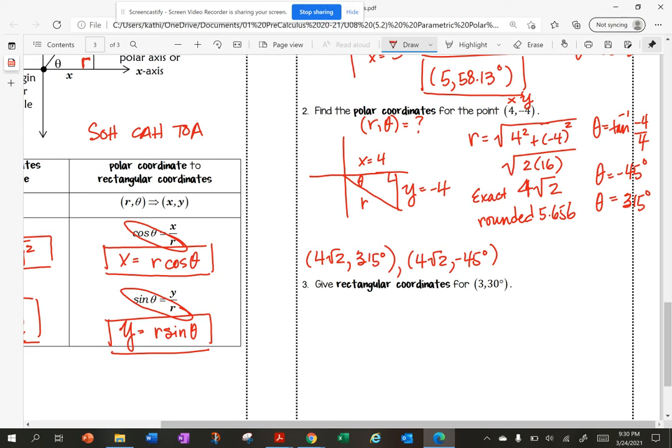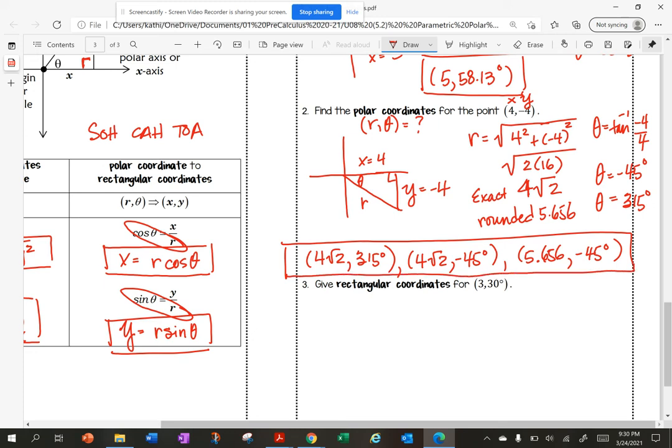Or if I want to round this, I can say 5.656. And I could say either 315 or -45 degrees, but I'm just going to put the -45 since that's what my calculator came up with, the default. I just have to understand what my calculator is telling me.